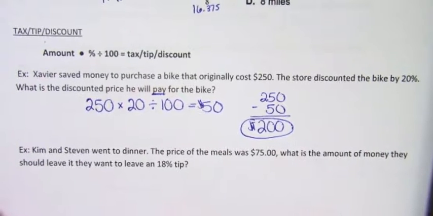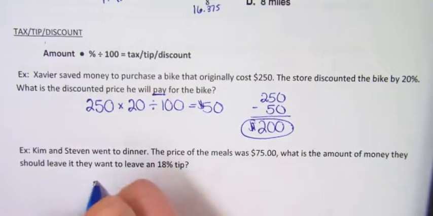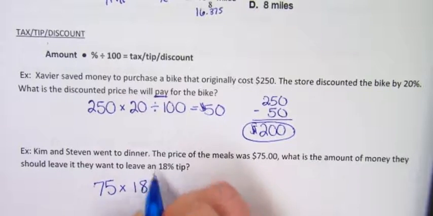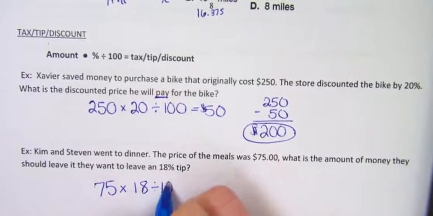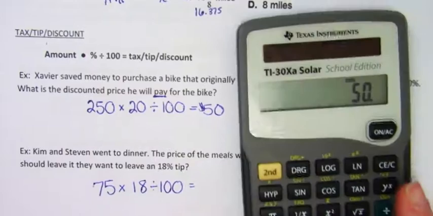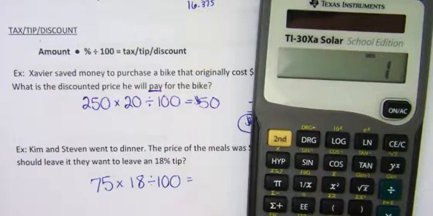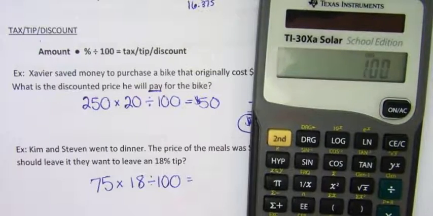And then the last one. Kim and Stephen went to dinner. The price of the meals was $75. What is the amount of money they should leave if they want to leave an 18% tip? So we need to figure out what 18% of 75 is. We're going to do that amount times the percent, 18 divided by 100. So I do 75 times 18 divided by 100.